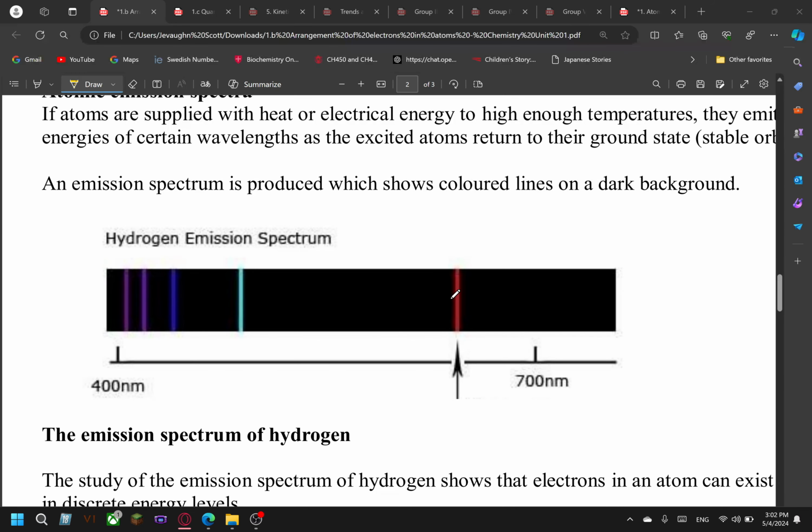So if we put hydrogen gas within a chamber and we shoot electricity through it, or light beams or photon rays through it, we allow the electrons in the hydrogens to absorb that energy. And the light that is emitted from the hydrogen atom is what is displayed on the spectrum here.